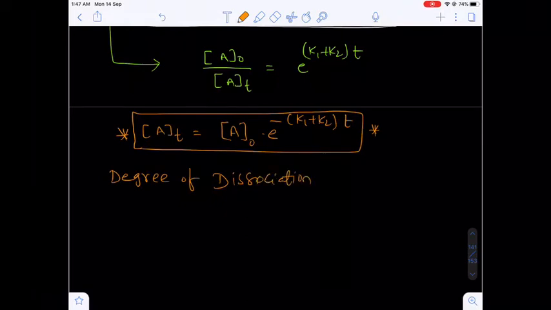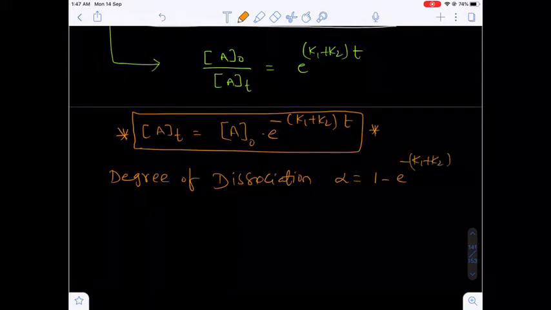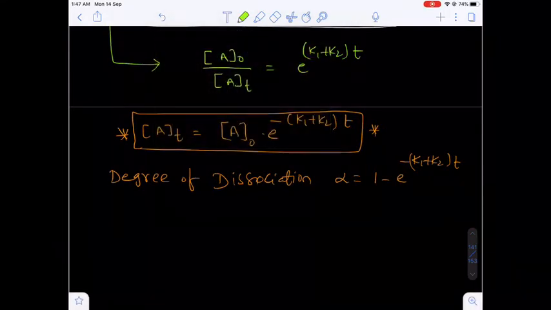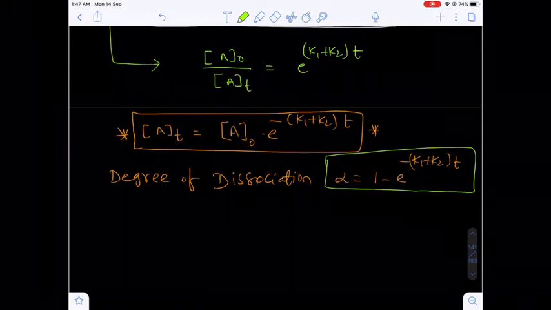Degree of dissociation alpha is equal to 1 minus e to the power minus of (k1 plus k2) into t. This is also a very important expression regarding first order parallel kinetics.